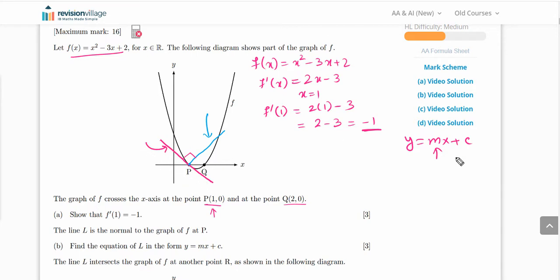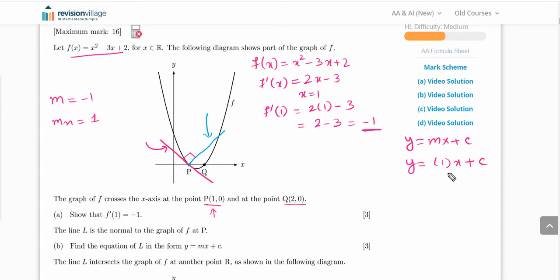So the gradient of the tangent is equal to -1, but the gradient of the normal line will be, we will flip it and change the sign, so that will become equal to 1. So the gradient of this line will become equal to 1. Now I will insert this 1 into my equation, so I get y equals 1x plus c.